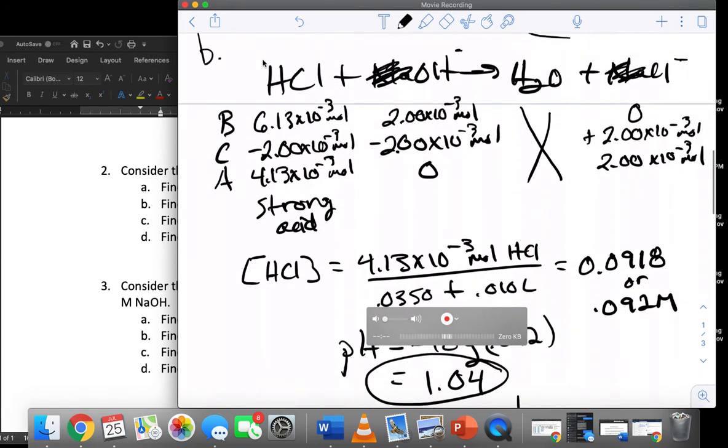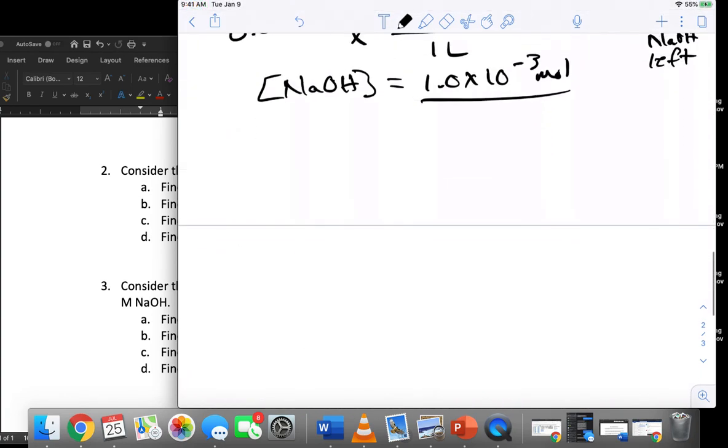If I'm going to put everything in liters, I have 0.0350 liters from the starting acid, 0.0307 liters that I added to get to the equivalence point, and 0.005 liters that I have now gone past the equivalence point.